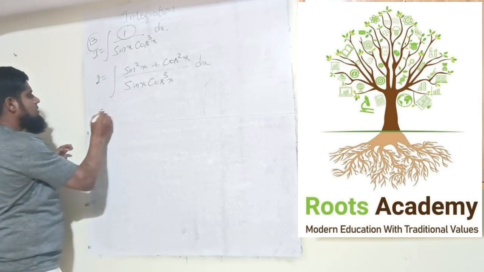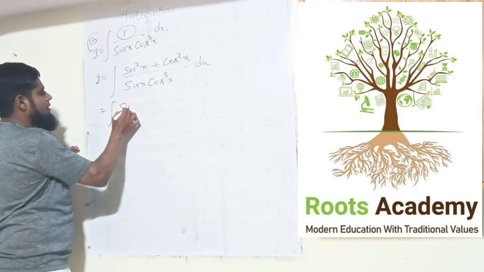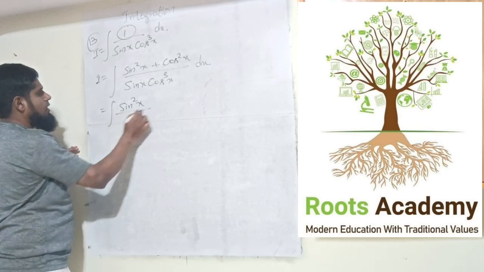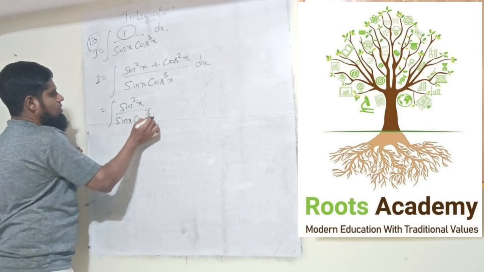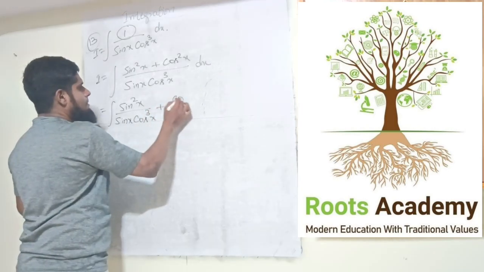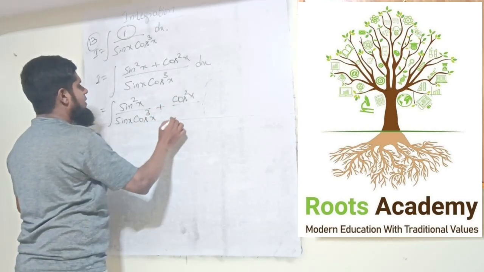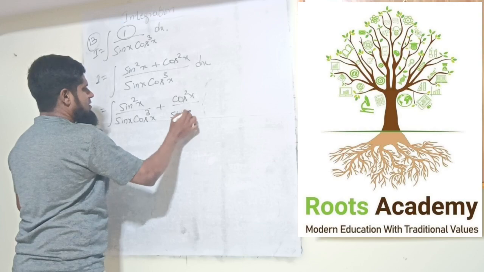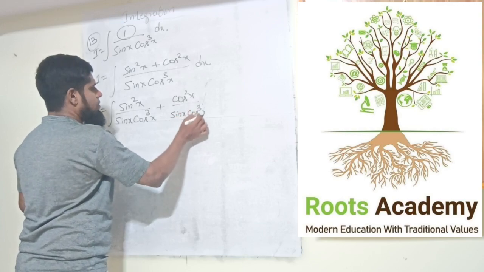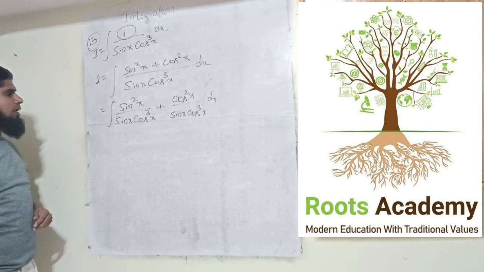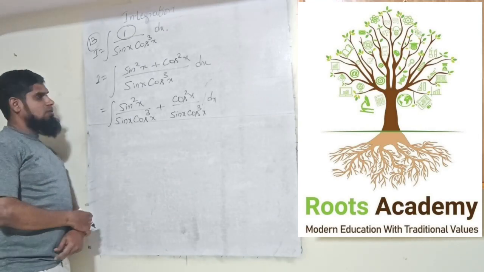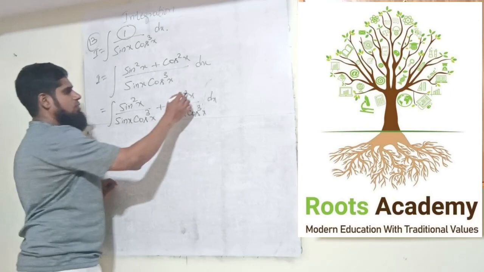I will split the terms, then I will get integration of sin square x divided by sin x into cos cube x plus cos square x divided by sin x into cos cube x dx. Let us try to cancel wherever there are possibilities.